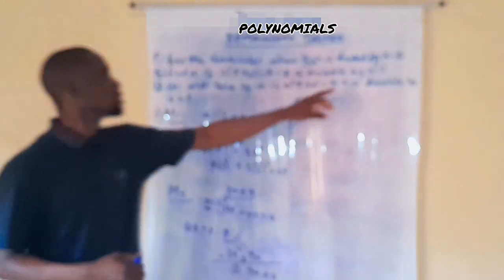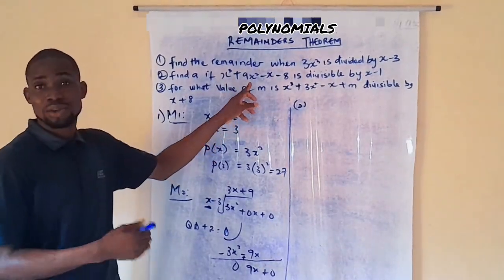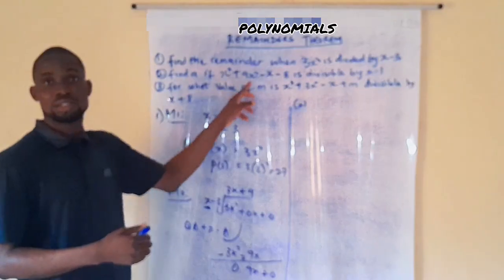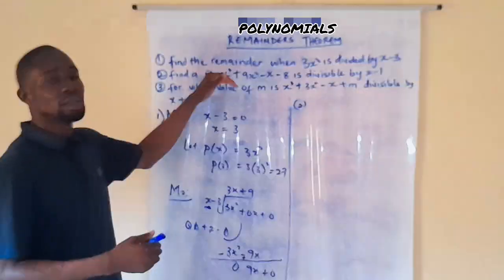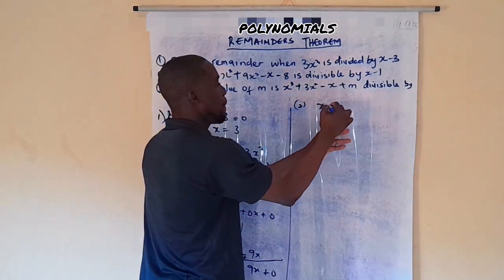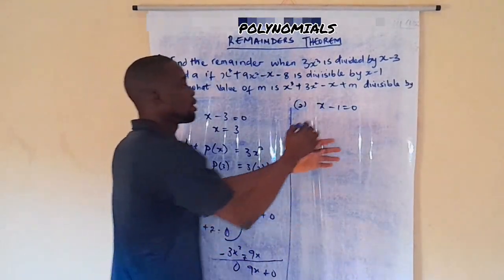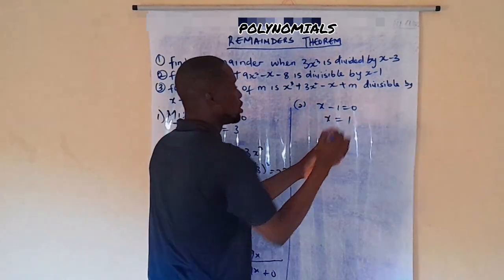Why? Because my polynomial has another variable in between. So, you should follow this first method by saying, equate x minus 1 to 0. That gives us my x to be 1.